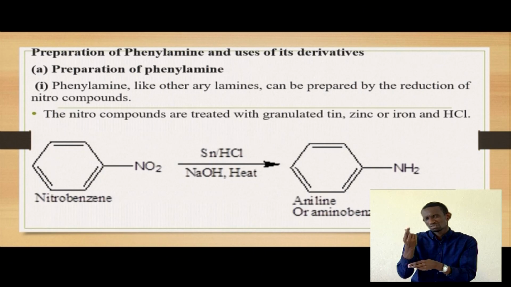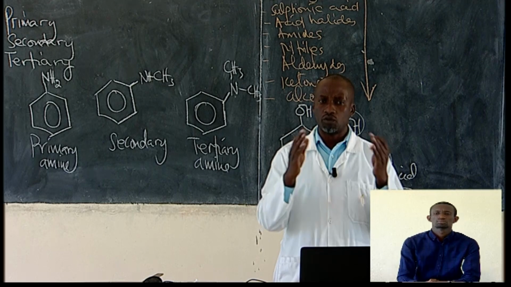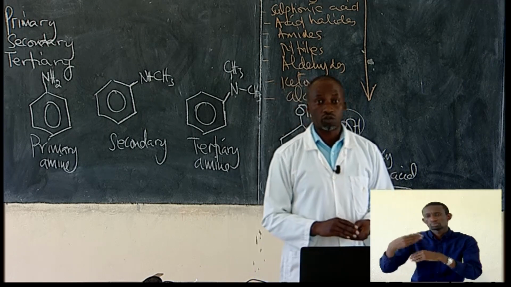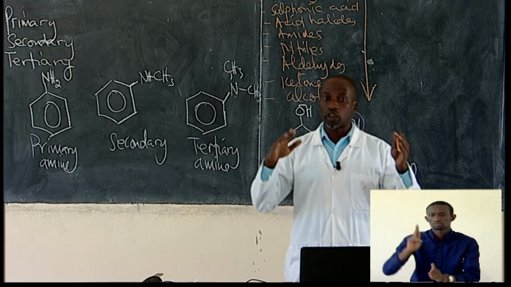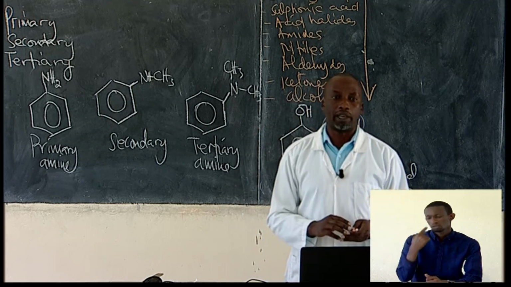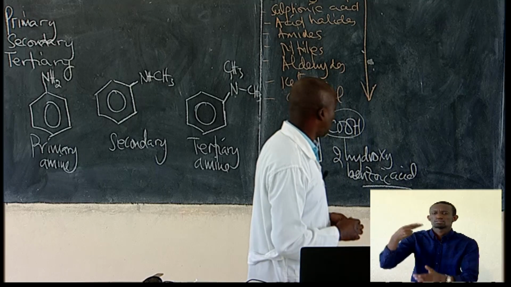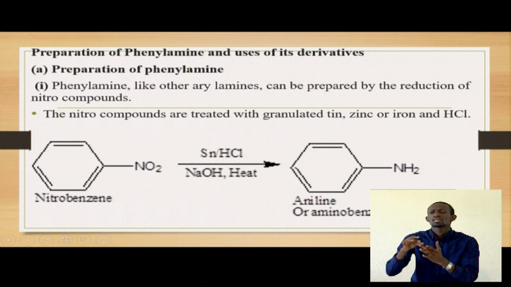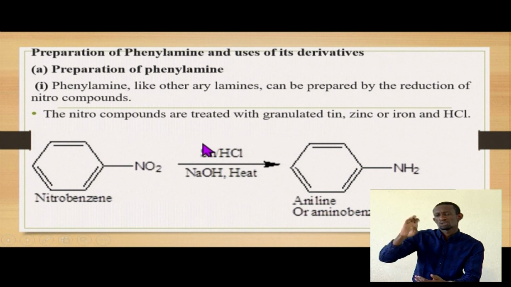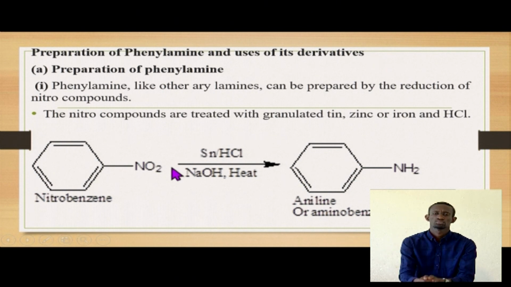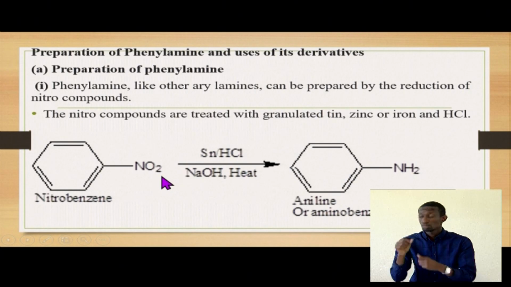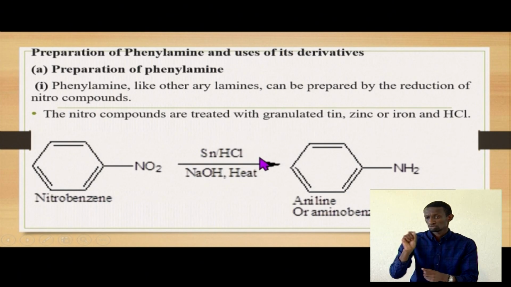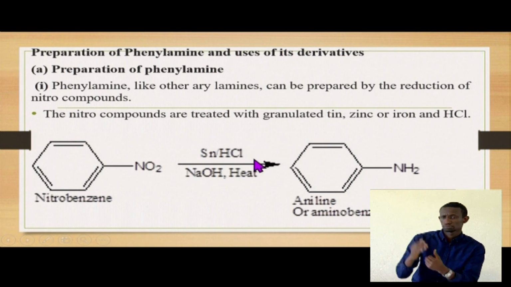So let's proceed and move on to the preparation of the phenylamine. We are looking specifically at the phenylamine. The first one is the preparation from nitro compounds, in presence of these reagents, please take note. Whenever we are talking about these organic reactions, take note of the reagents and the conditions that are used.